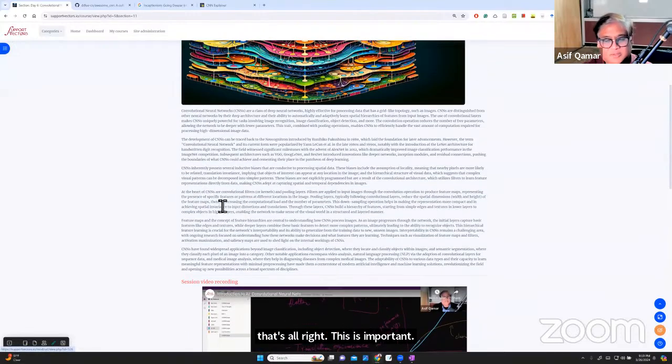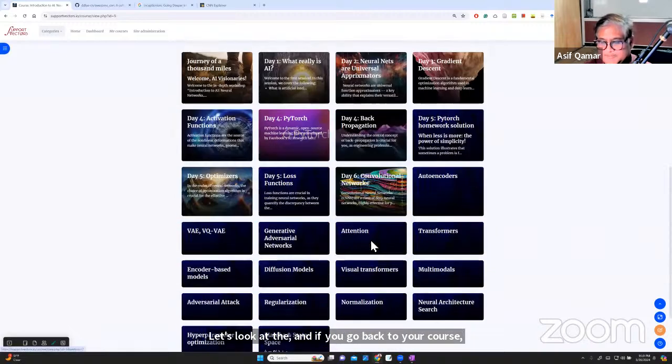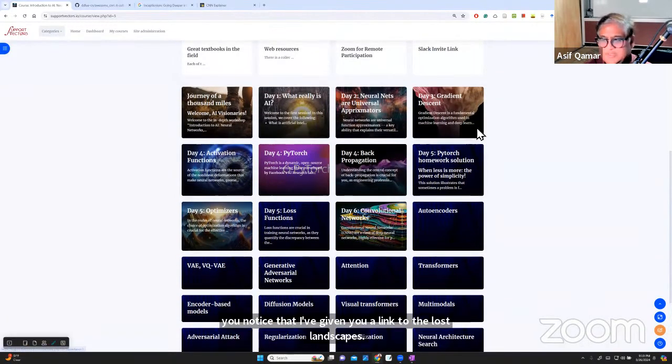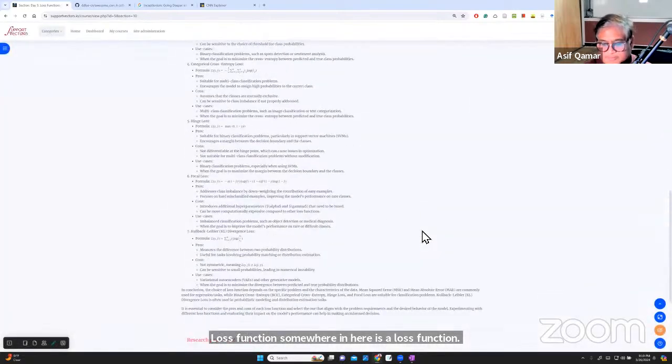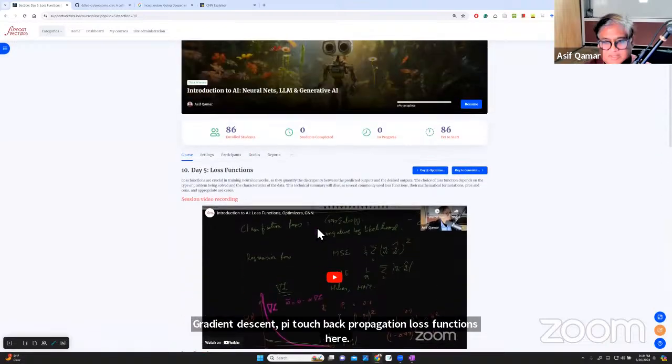If you go back to your course, you notice that I've given you a link to the loss landscapes. Somewhere in here is a loss function. Gradient descent, PyTorch, backpropagation, loss functions here. Day 5. A survey.